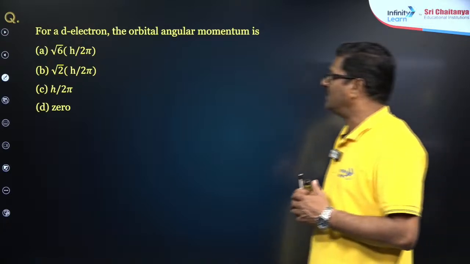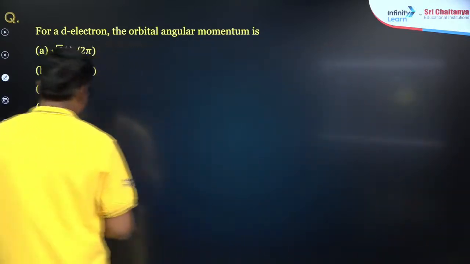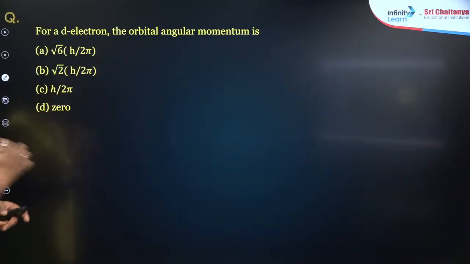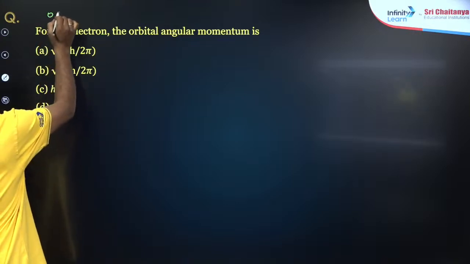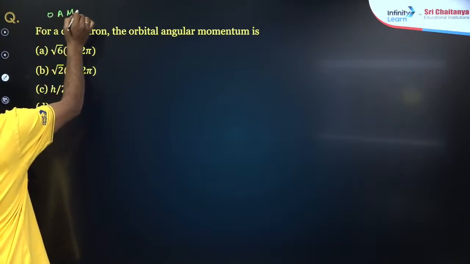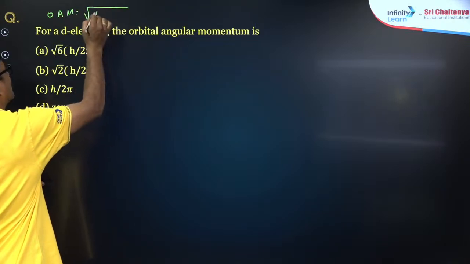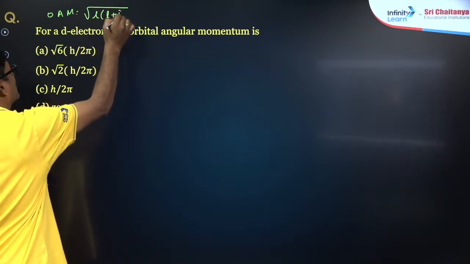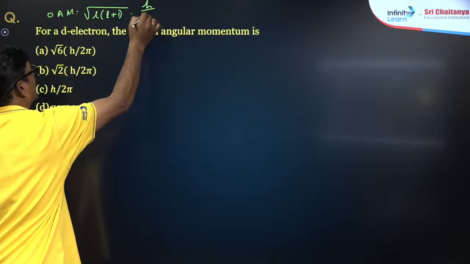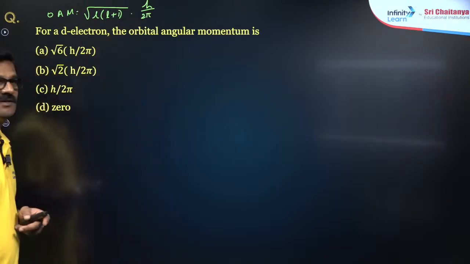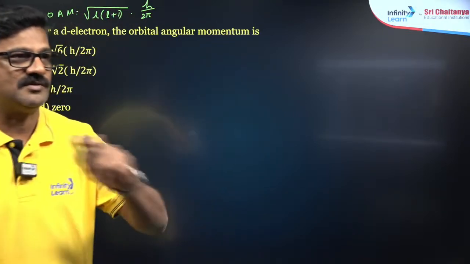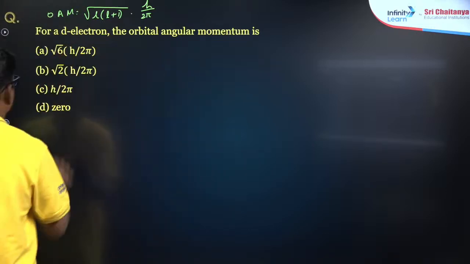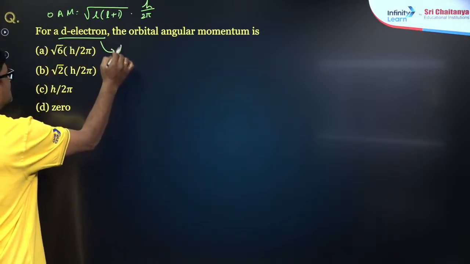Next, for a d electron, the orbital angular momentum. How can we write it? Orbital angular momentum is equal to root over l into l plus 1 times h by 2 pi. This is studied in the azimuthal quantum number. So for a d electron, l is equal to 2.